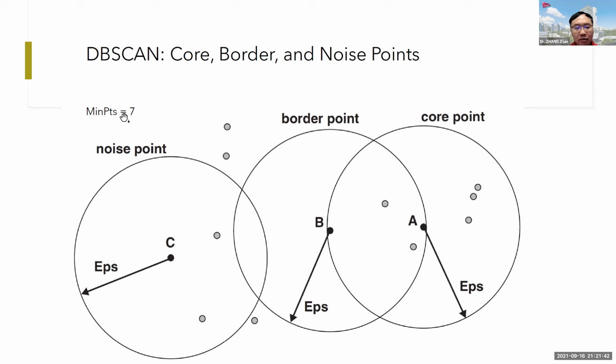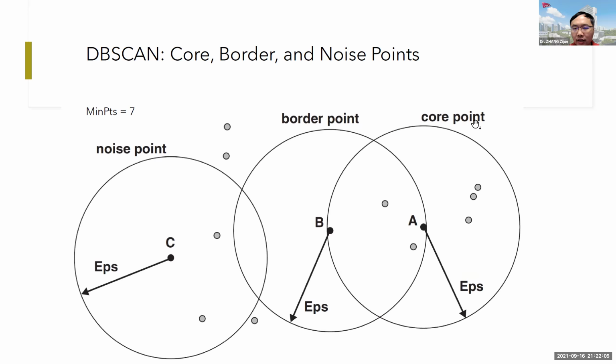Here we set the minimum points to 7 and given an epsilon. We use points A, B, C as illustrative examples. We use A as a center, then we sweep the area, so we get a circle.